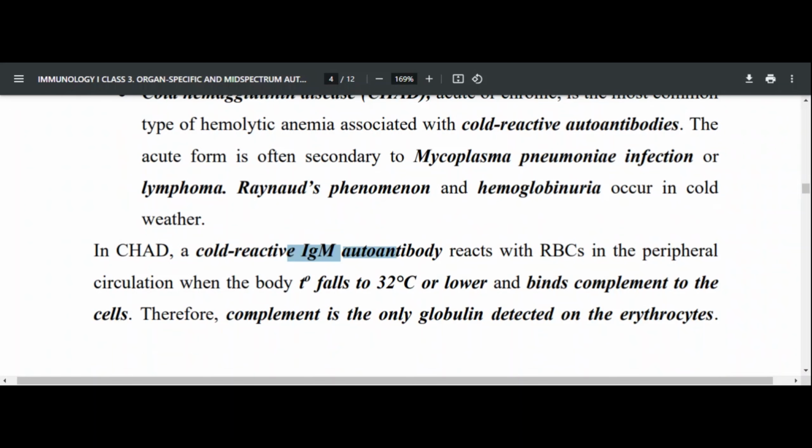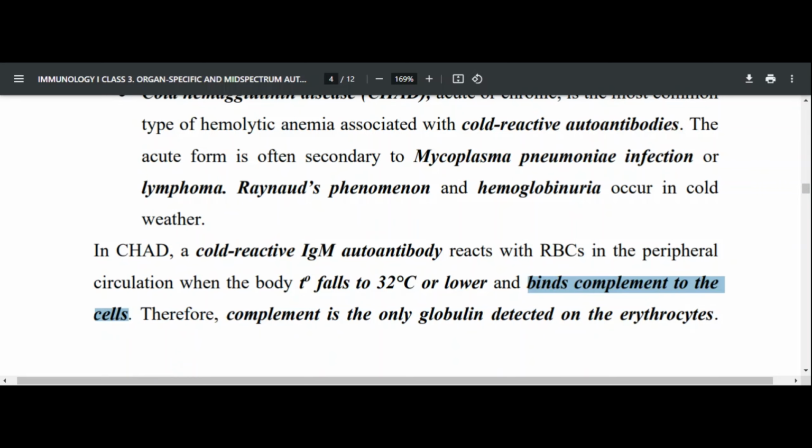In this condition, those IgM antibodies are not able to react at 37 degrees, but they react at 32 degrees because this is a cold temperature of the body. If they bind red blood cells in those extremities, they are able to bind and activate the complements. So there is going to be hemolysis of RBC because of complement activation by IgM, not because of IgM destroying red blood cells directly.